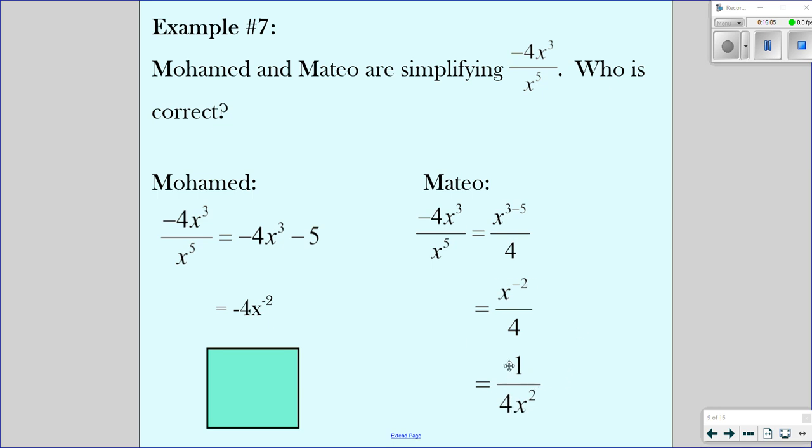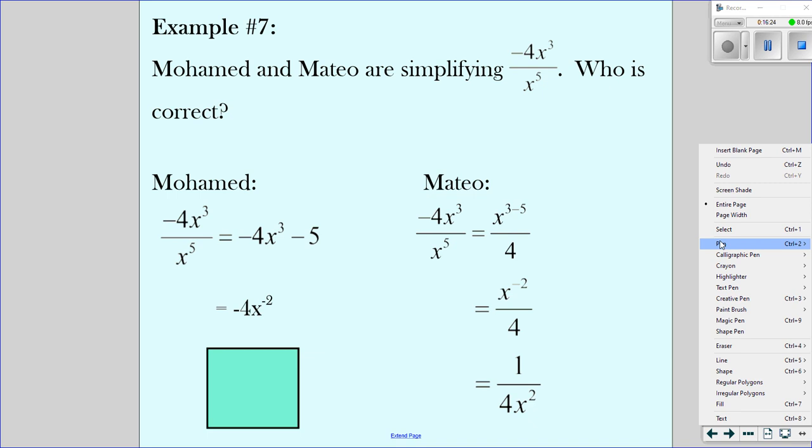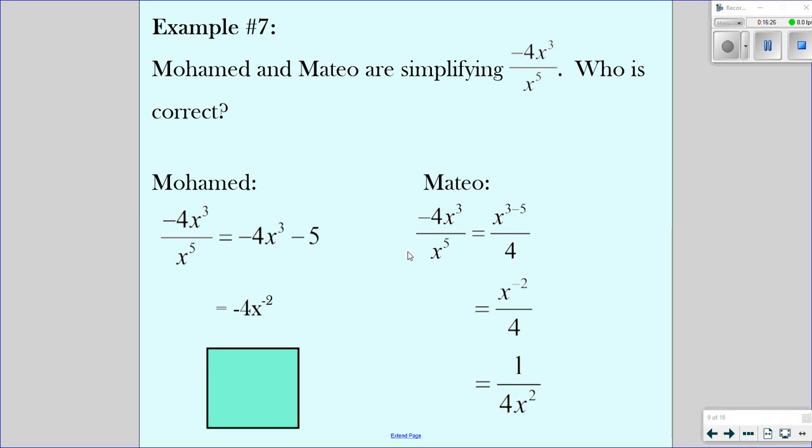So let's look at Mohammed. So we got negative 4x to the third over x to the fifth. Okay, so let's see what he did. He had the negative 4 out there. Then, this one, let me change that. That's supposed to be that.